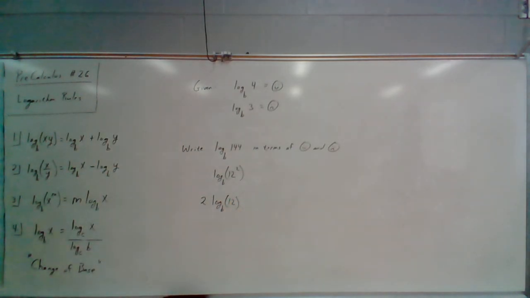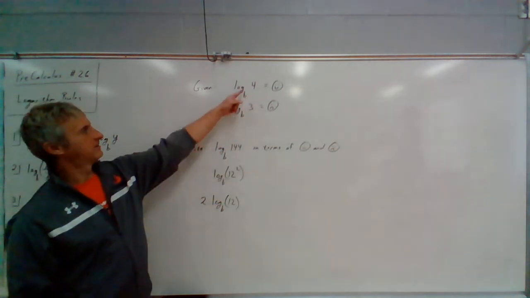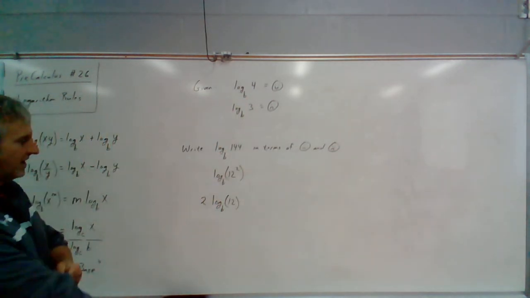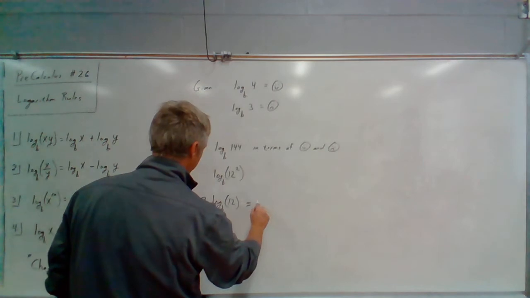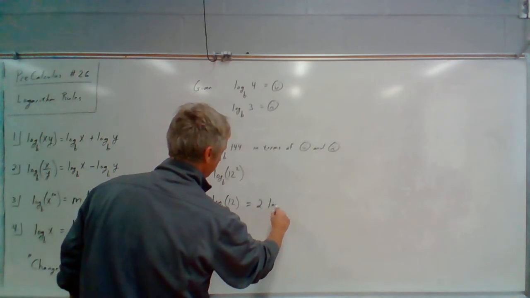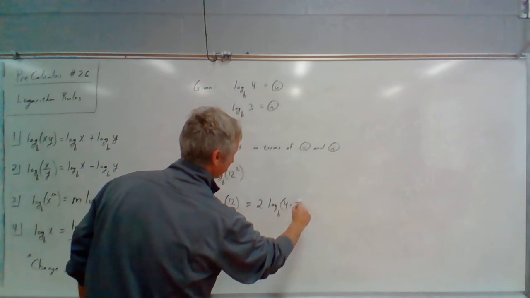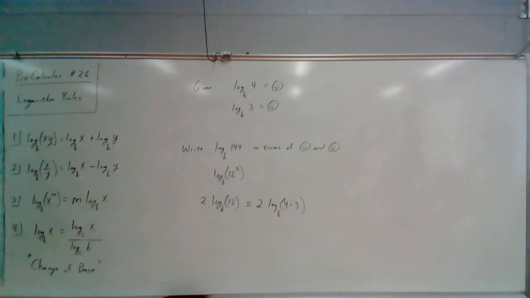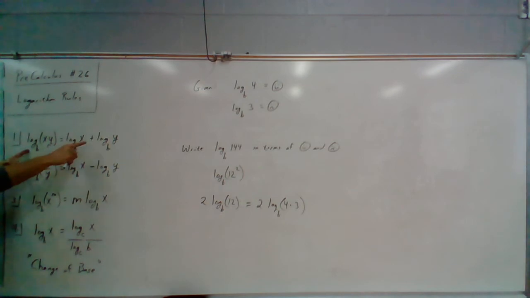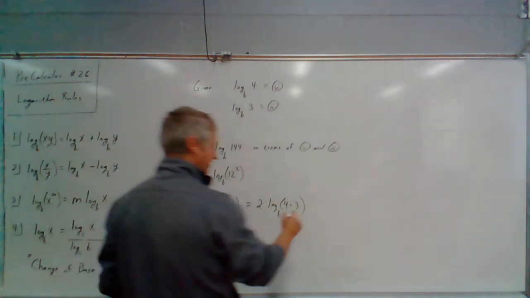All right. Now I have a 12, and that's related to a 4 and a 3, so I can rewrite that as 2 times log base b of 4 times 3. I have a rule now that tells me how to handle that. Log base b of 4 times 3 would be log base b of 4 plus log base b of 3.